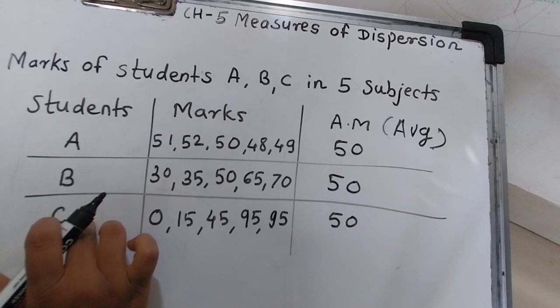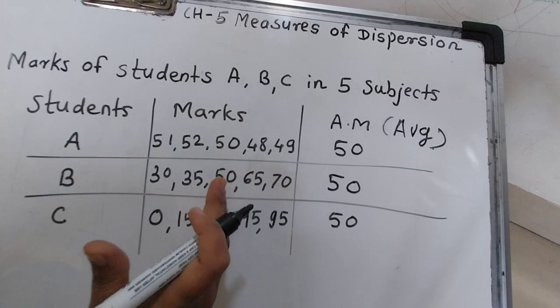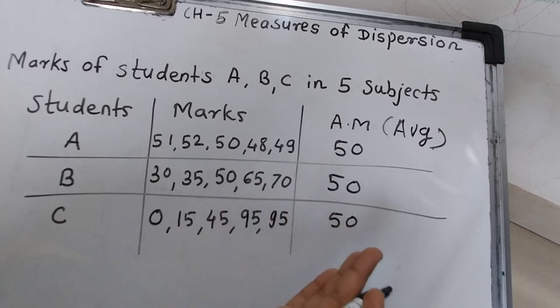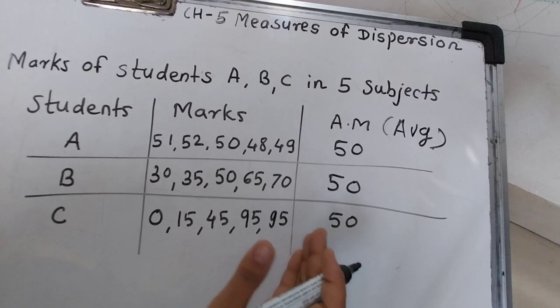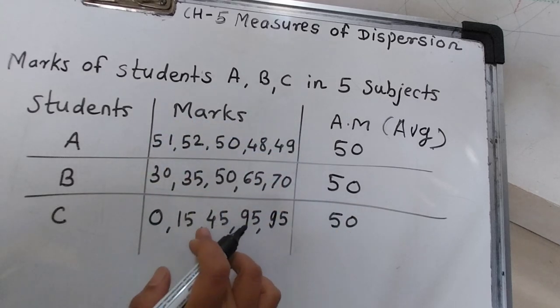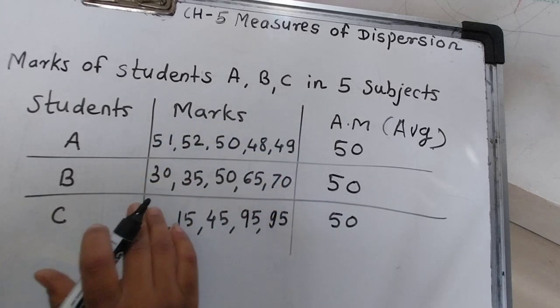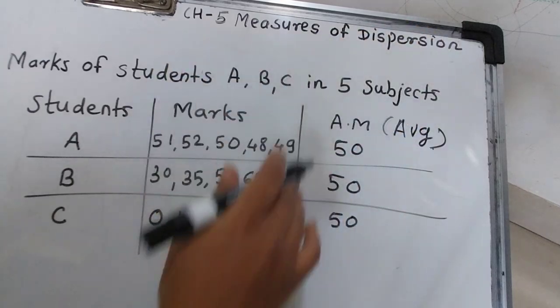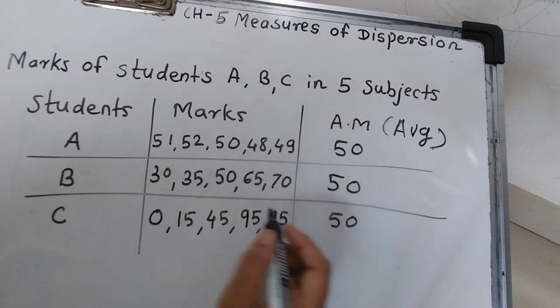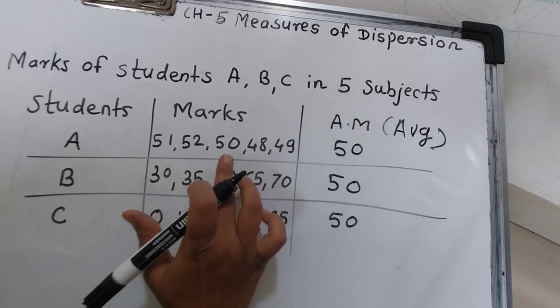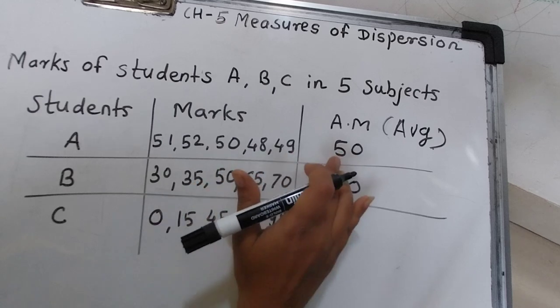So for further study and analysis, it becomes essential to measure the extent of variation, how observations are scattered or dispersed from the central value.